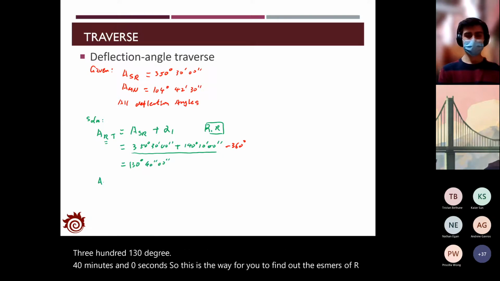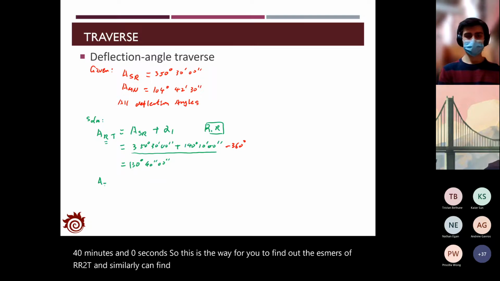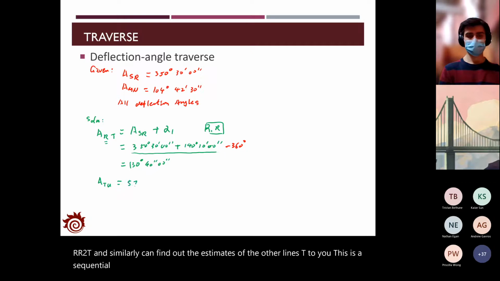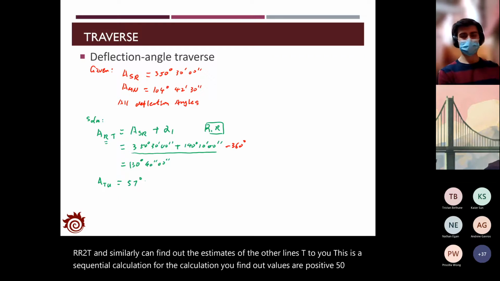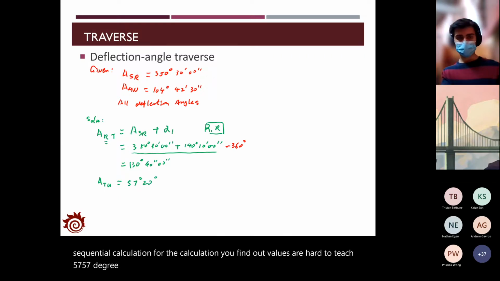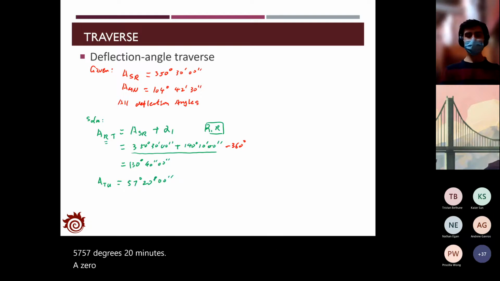And similarly, you can find out the azimuths of the other lines, T to U. This is a sequential calculation. For the calculation, you find out the value is 57 degrees, 20 minutes, 0 seconds.